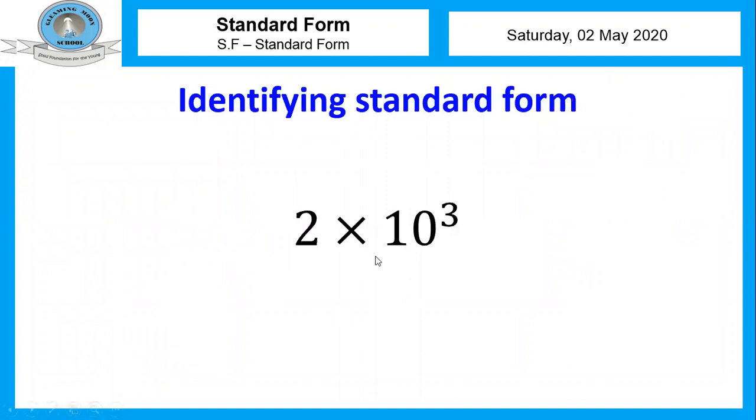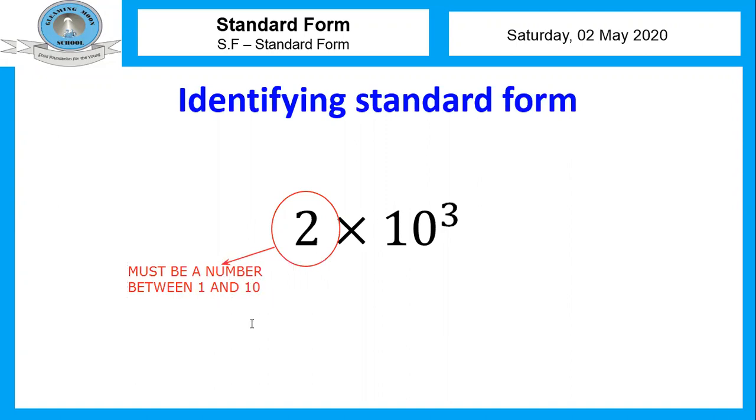Now, let's look at the parts of a number in standard form. Remember, like I told you before, our criteria is that it must be a number between 1 and 10. So we have 2 here, and that 2 is a number between 1 and 10.